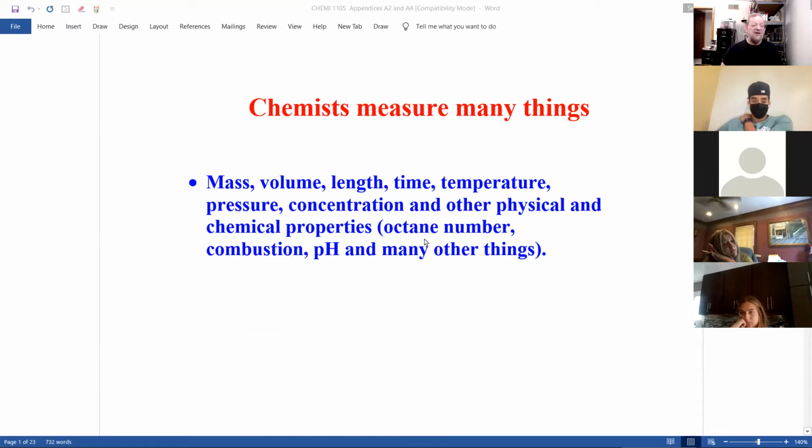We measure mass, which is really weight, volume, length, time, temperature, pressure. I'll teach you later on concentration, how much of something is in something else, and other physical and chemical properties. The next time you go to a gas station, that octane number is something that's actually measured. How well something burns, and I'll teach you later a very important measurement called pH.